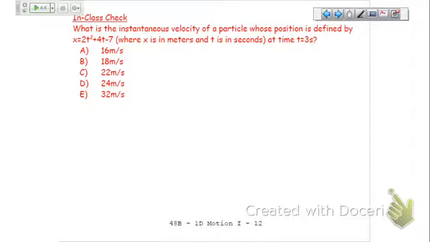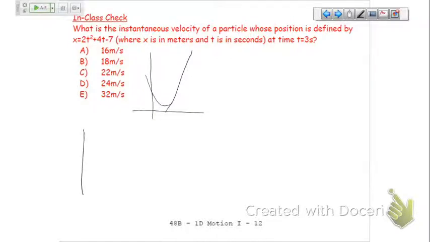What is the instantaneous velocity of a particle whose position is defined by the given function? Now, this is a little bit of me teaching. I wouldn't do this on a test. On a test, I'd say, oh yeah, it's something like that, and I'd ask what the instantaneous velocity is at t equals 3 seconds, and draw something like that.